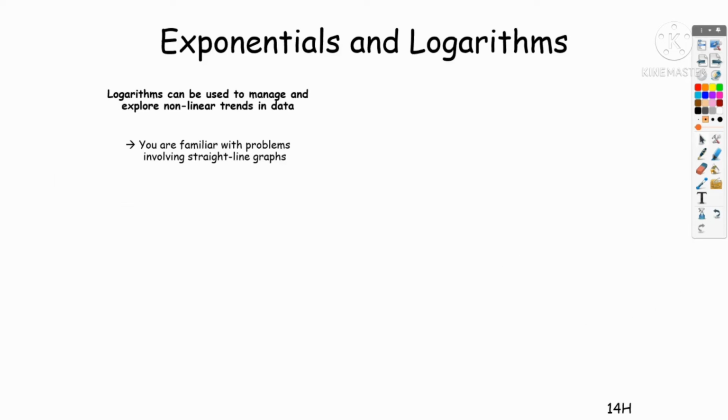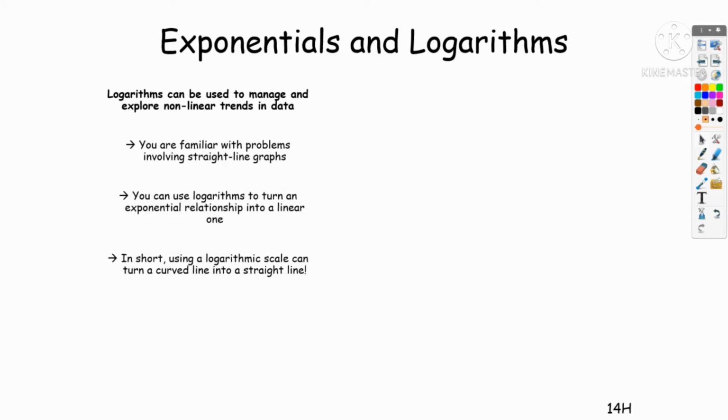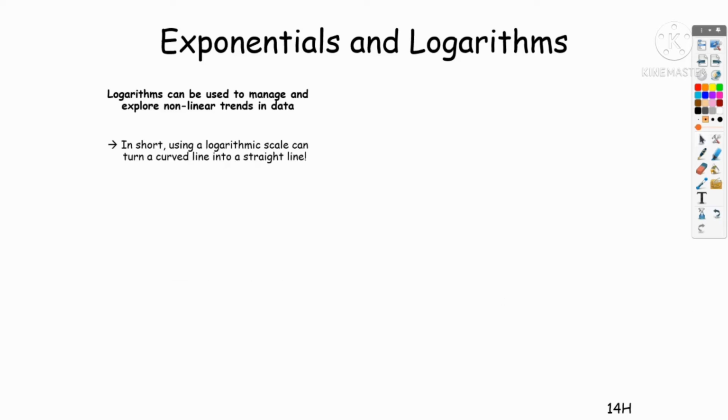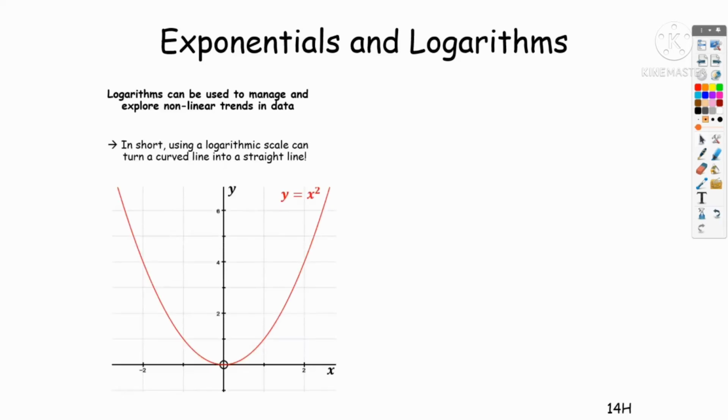Okay, so logarithms can be used to manage and explore non-linear trends in data. If you're familiar with problems involving straight line graphs, you can use logarithms to turn an exponential relationship into a linear one. In short, using a logarithmic scale can turn a curved line into a straight line. So I've got the curve here, y equals x squared.